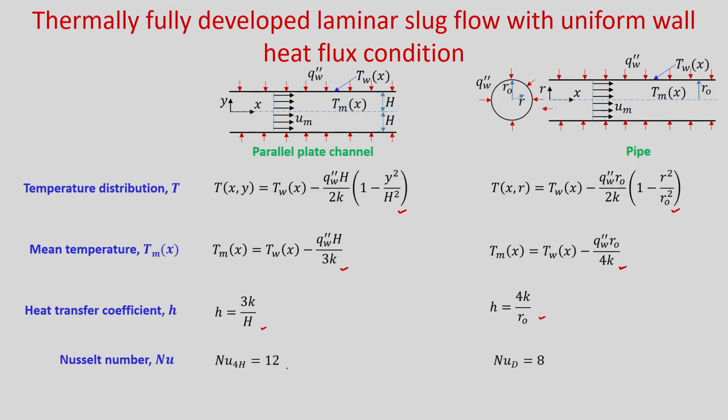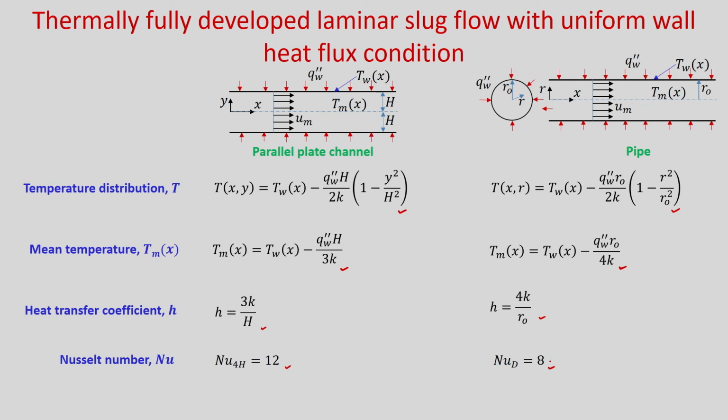Then we calculated the Nusselt number based on the hydraulic diameter and the temperature difference between the wall temperature and the mean temperature, and we found for the parallel plate channel a Nusselt number based on hydraulic diameter of 12, and for pipe flow based on the diameter of the pipe, 8.